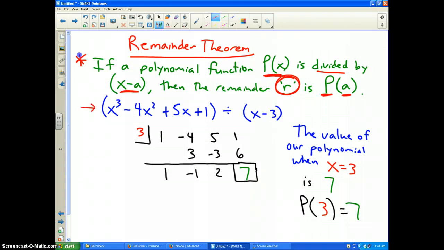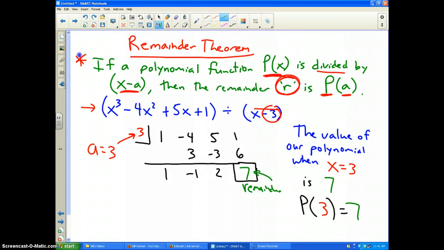Now, I did one problem already for you. X to the third minus 4x squared plus 5x plus 1, and we divided by x minus 3. So our a value is equal to 3. And I actually worked it out for you. And if you notice, I've got a remainder that's equal to 7.